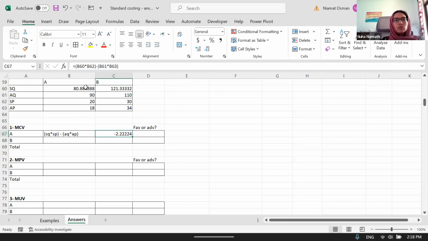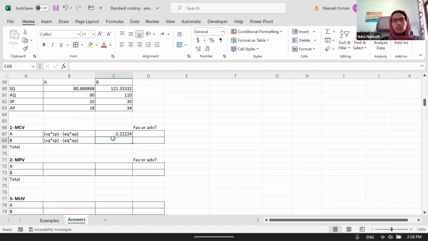SQ into SP minus AQ into AP. Just a minute.